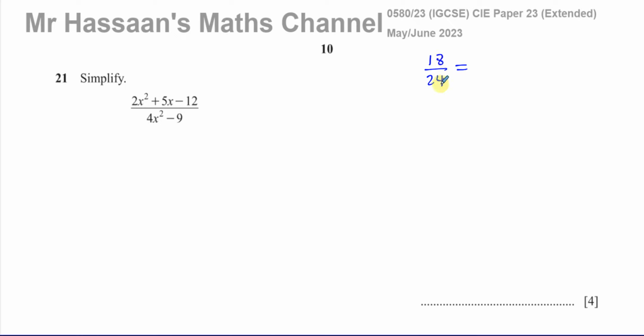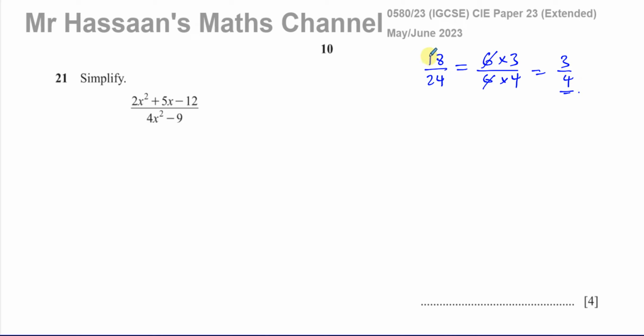So for example, we recognize that 6 is the highest common factor. So what we're actually doing is we're saying 18 is the same as 6 times 3, and 24 is the same as 6 times 4. And then we cancel out those common factors, and we're left with 3 over 4. And there's our simplified fraction.